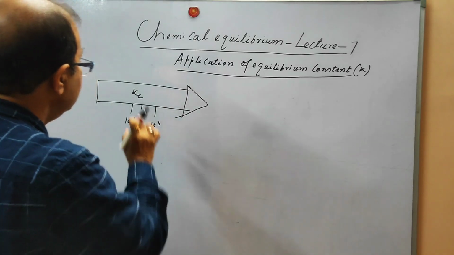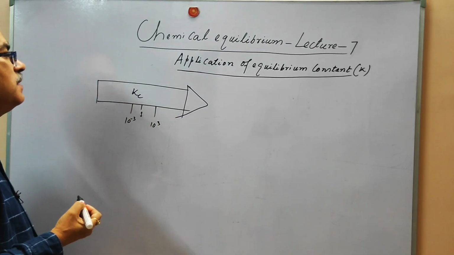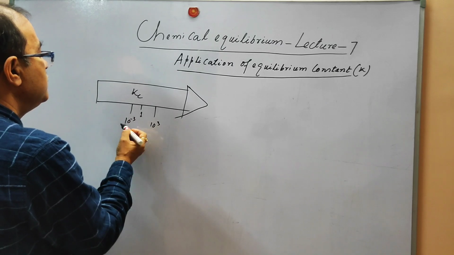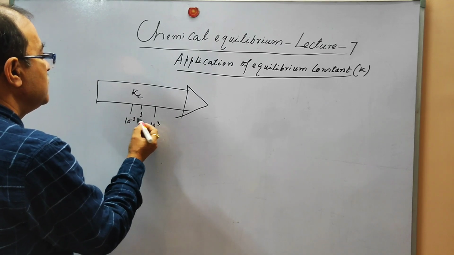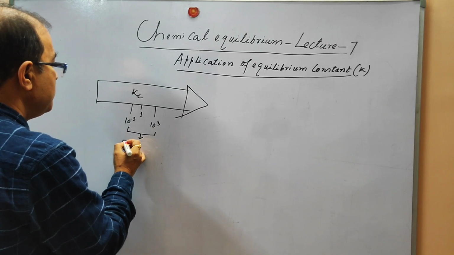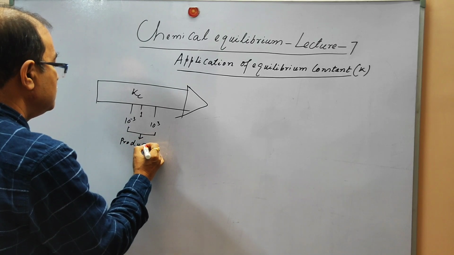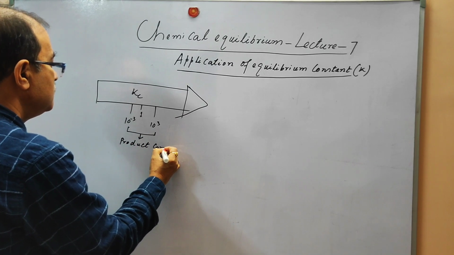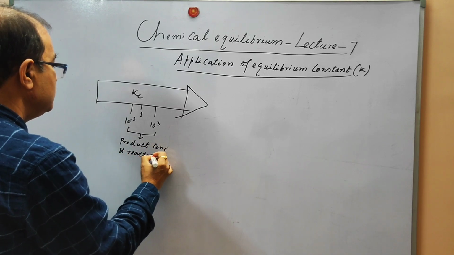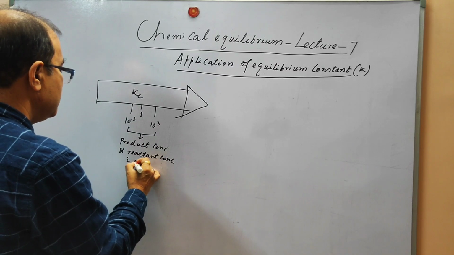So you can see this is the Kc, and this is the point when the value of Kc is 1, when the value of Kc is 10^3, and when the value of Kc is 10^-3. In this zone, product concentration and reactant concentration is appreciable.